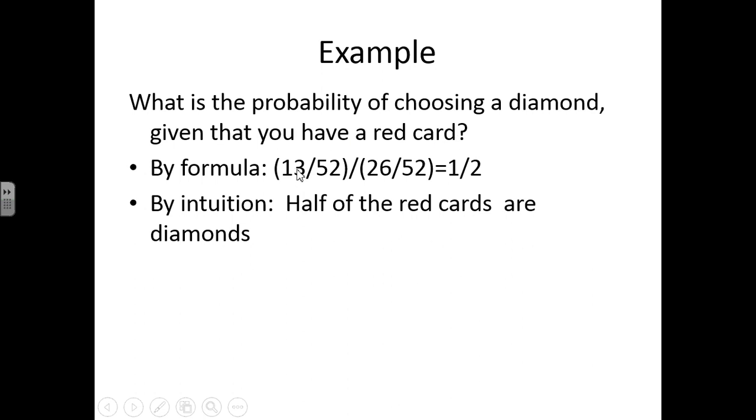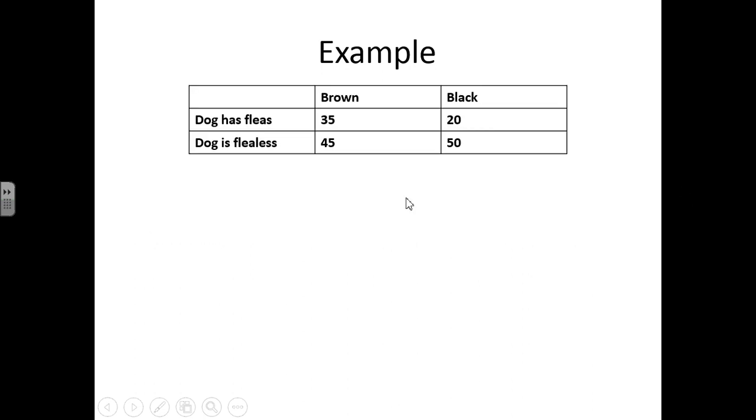By the formula, that's 13 out of 52 is the probability of choosing a diamond, divided by the probability of choosing a red card. 26 out of the 52 are red, so it's 1/2. By intuition, half of the red cards are diamonds, right?